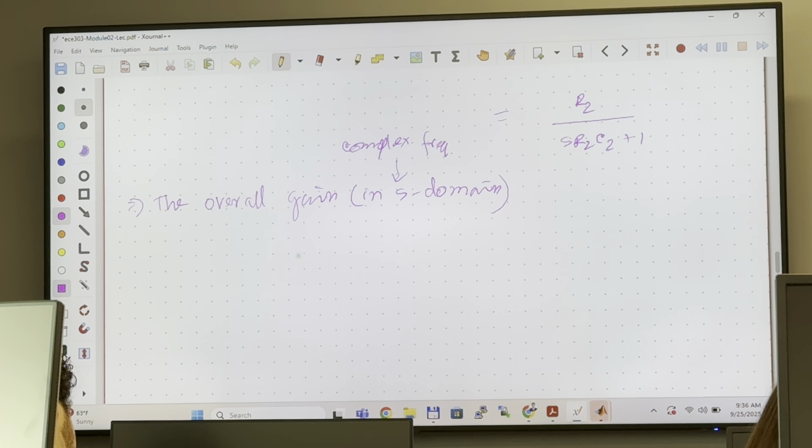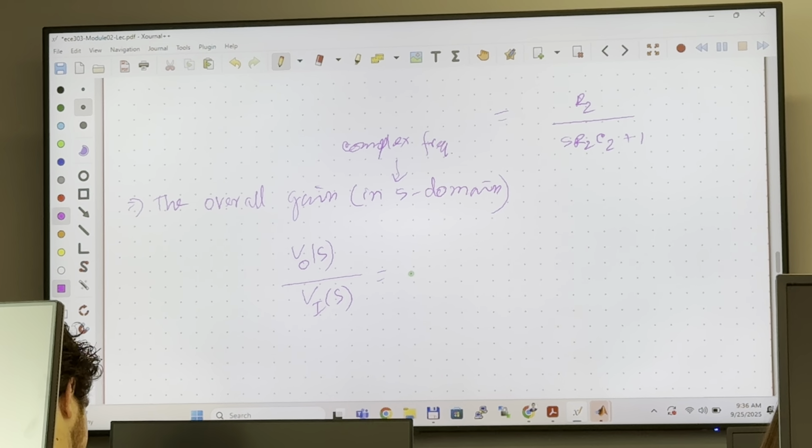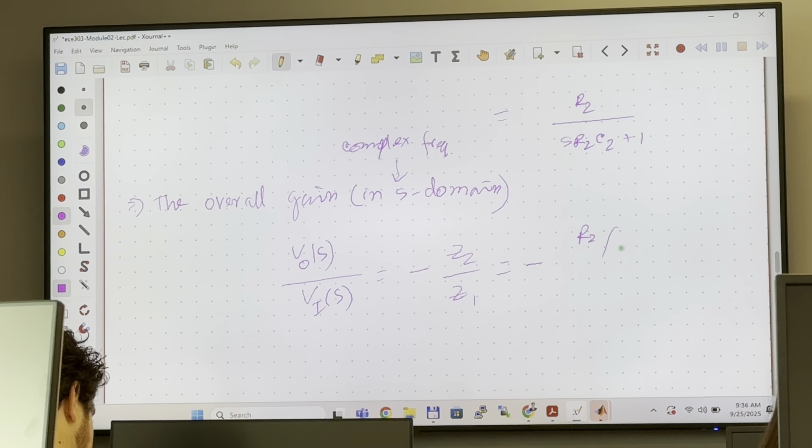Our gain is V out of S over V in of S, which is simply negative Z2 over Z1. Z2 is R2 over 1 plus S R2 C2, over Z1, which is simply R1.